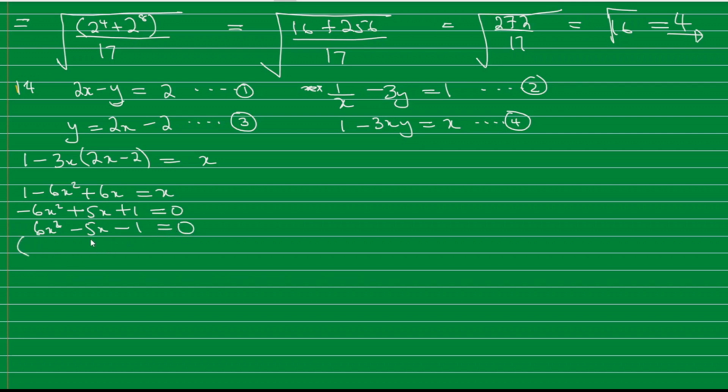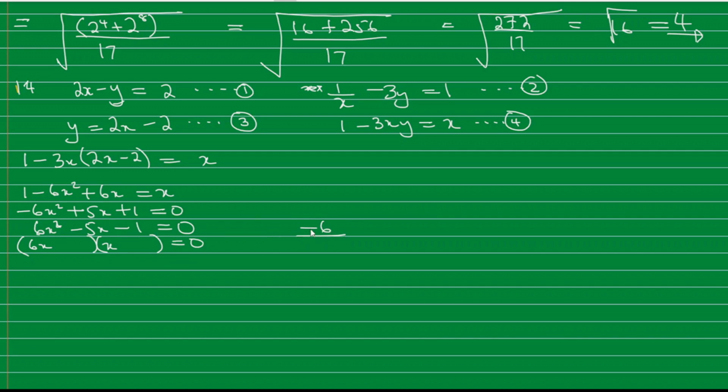Okay, that leads us to factorization again. So we can break this down into 6x and x. What I usually do is to take the first term and the last term, these coefficients, and multiply them: 6 by negative 1, I'll write it here, that is negative 6.